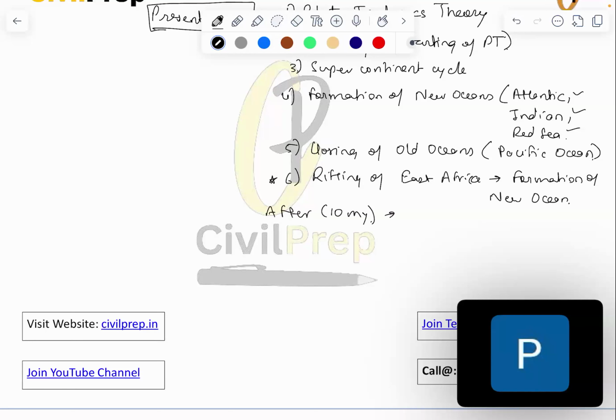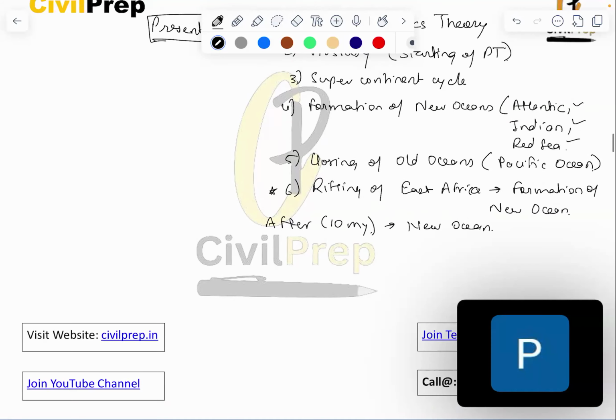The East African valley will be completely rifted and a new ocean will be formed there. It is yet to be named; in coming time it will be named. So this has resulted in the formation of various aspects.